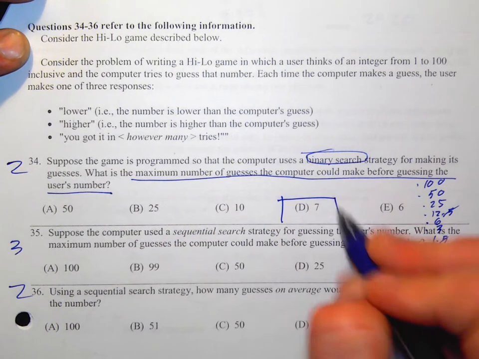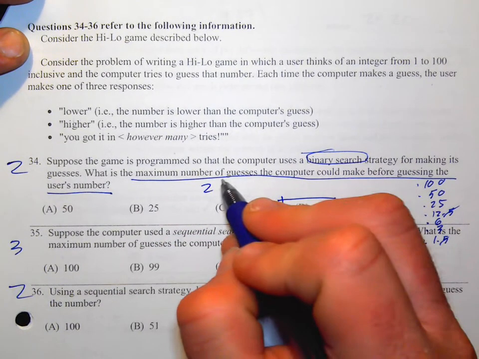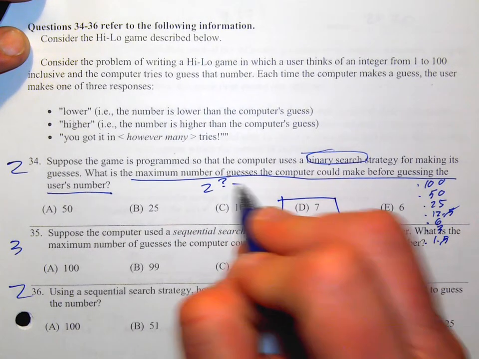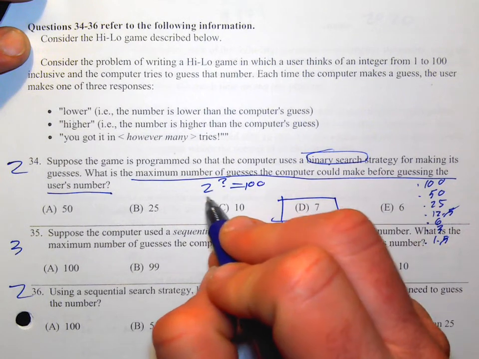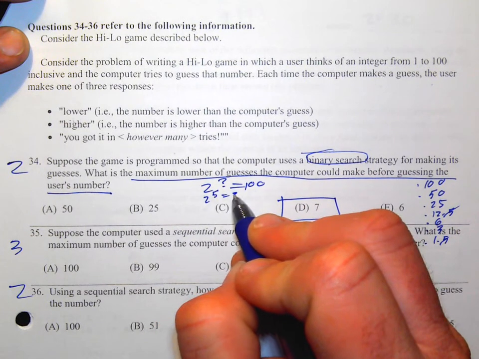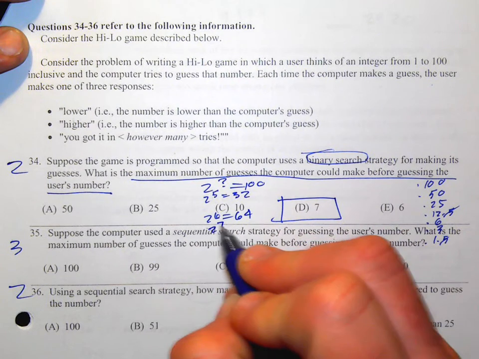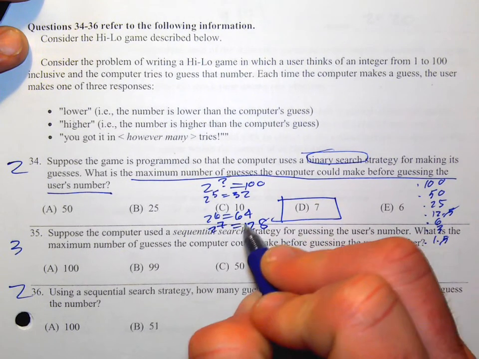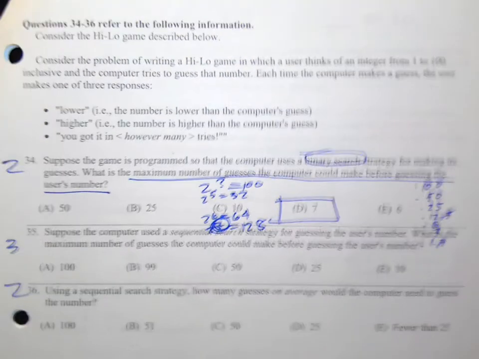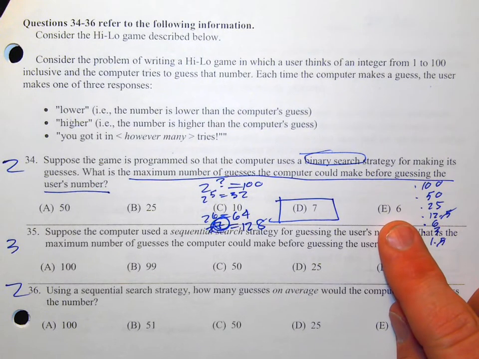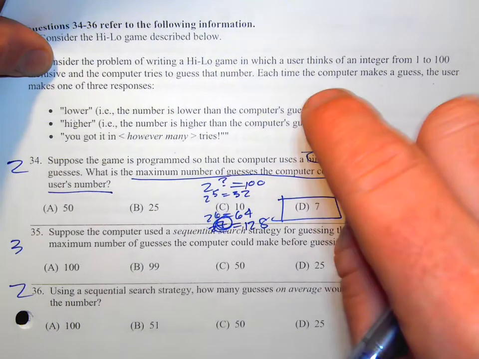Worst case scenario. Or you could say, what's the closest power of 2 equal to 100? You'd be like, well, 2 to the 5th is 32, and 2 to the 6th is 64, and 2 to the 7th is 128. So you want to round up. There we go. Now, there was another number that was really close to it, but that's that same thing.